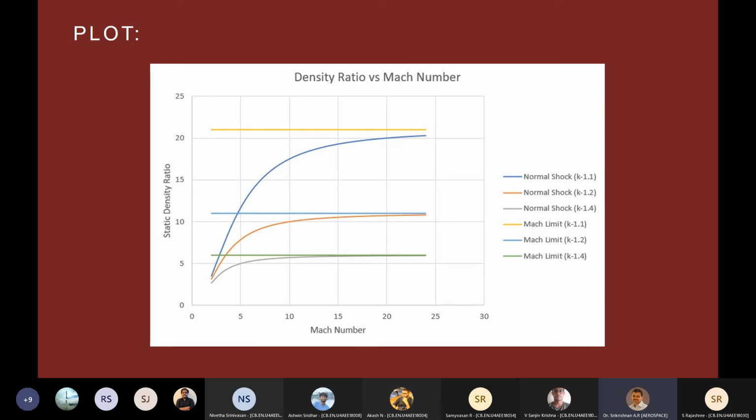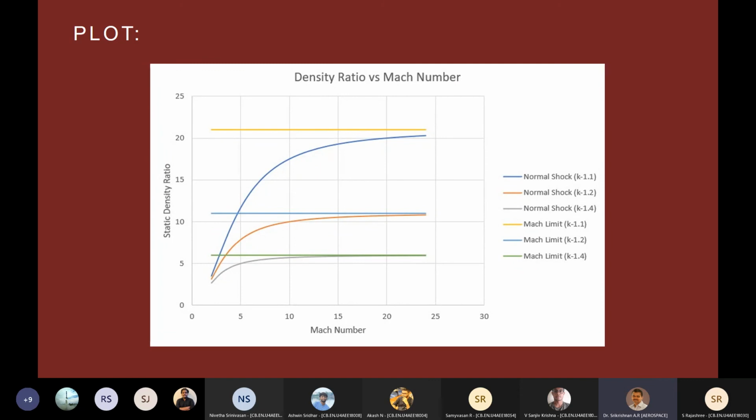What does it tell us about the applicability of the hypersonic limit? So when we deal with gases of different gamma, what does this particular plot tell us regarding the applicability of the hypersonic limit?